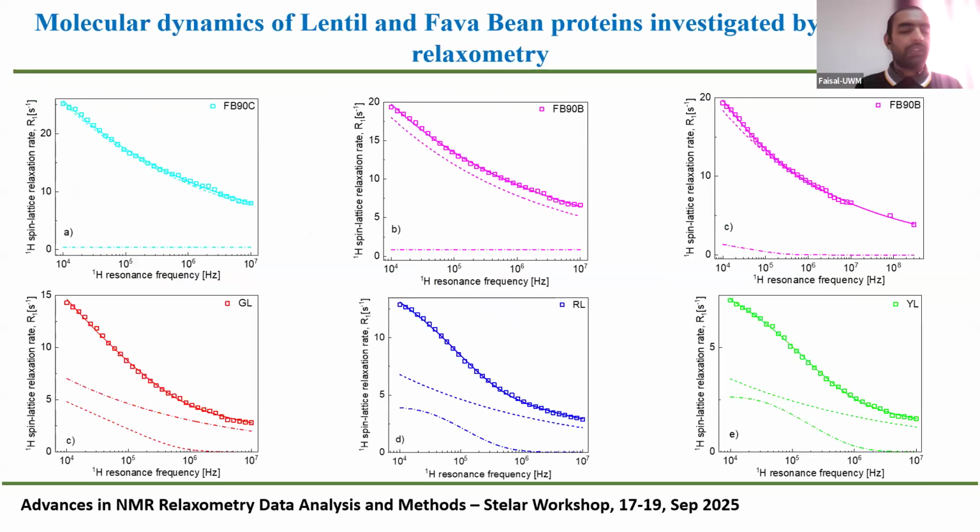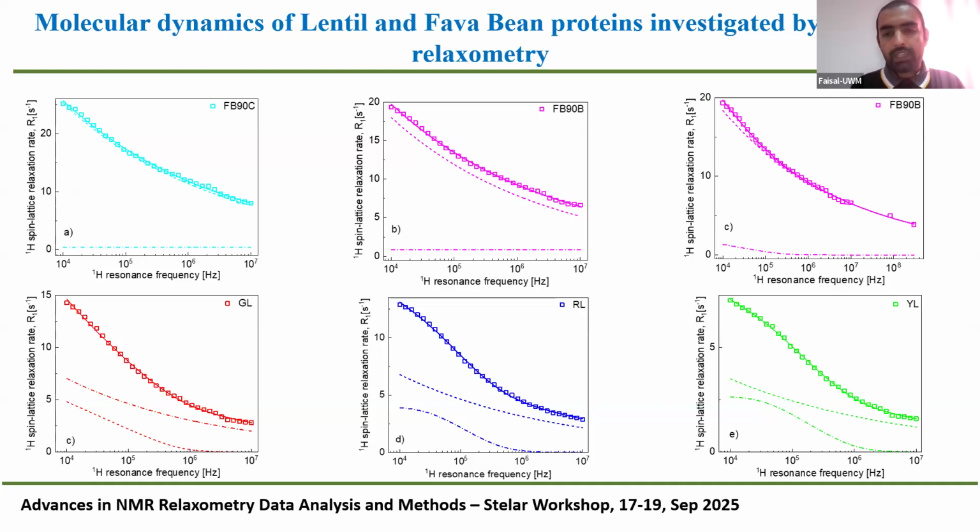We combine the two-dimensional translational motion with the power law, and this power law describes the dispersion of the relaxation rate with frequency. In the power law, we have the power law exponent, and this exponent describes how strongly our relaxation rate depends on the frequency. If we have a large value of the power law exponent, that means we have more complexity and more heterogeneity in the samples.